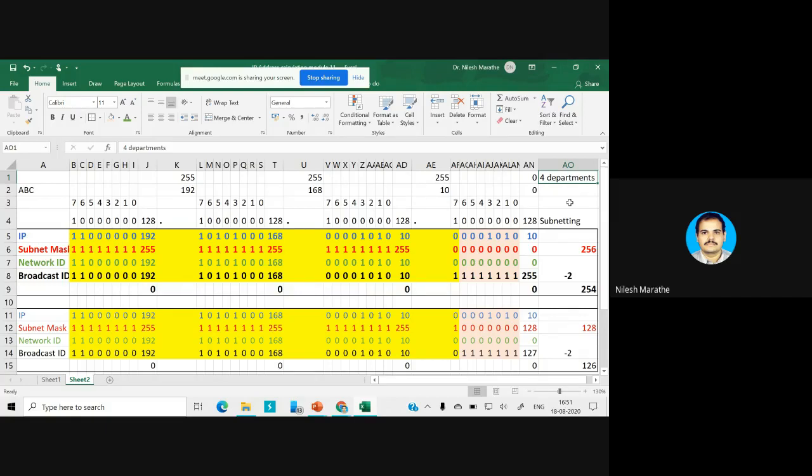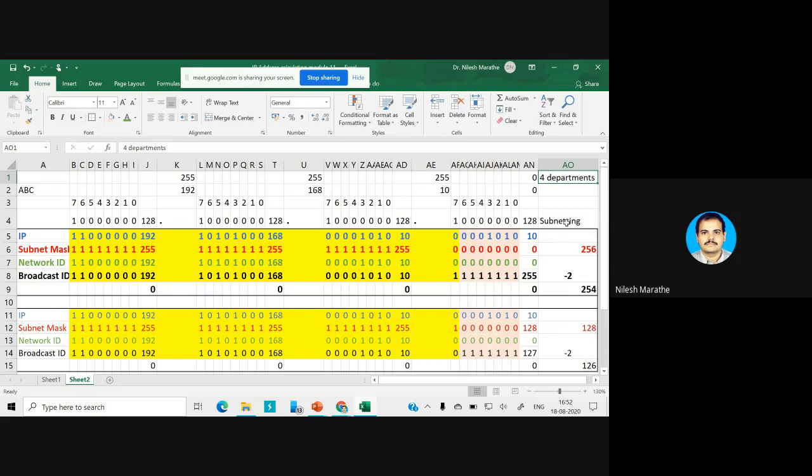4 equal size portions, 4 departments. कितने डिपार्टमेंट हैं? 4. बराबर है. तो आप 2 raised to के रेंज में, how many bits are required to represent 4? 4 डिपार्टमेंट है.